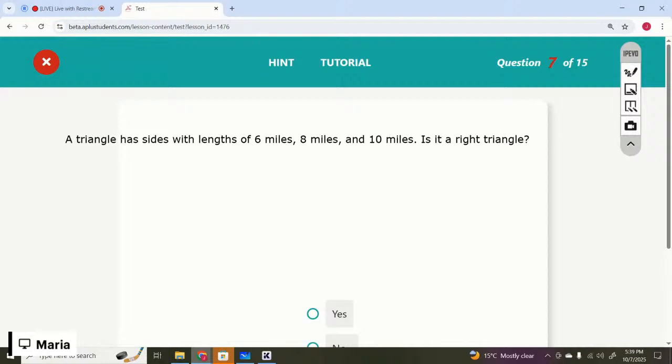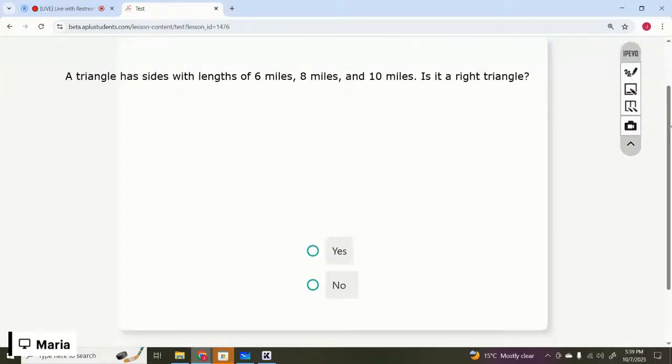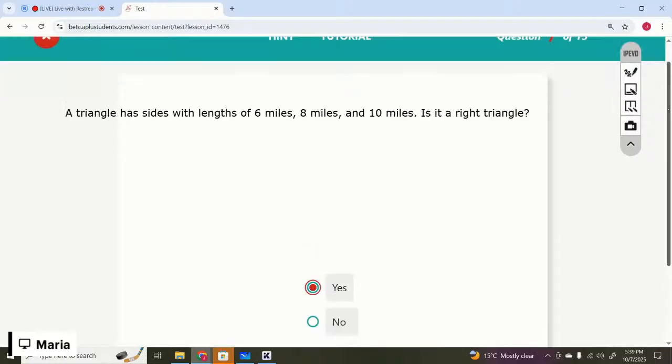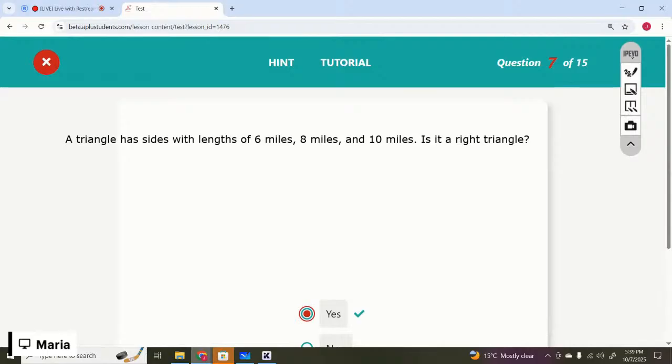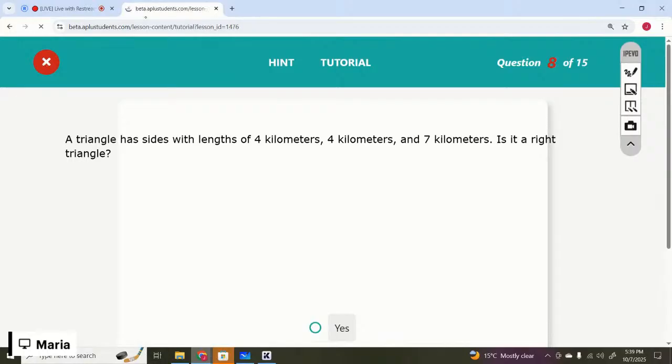Yes, it is a right triangle. Option number 1 is the correct option. Okay, you can complete the lesson by yourself later today.